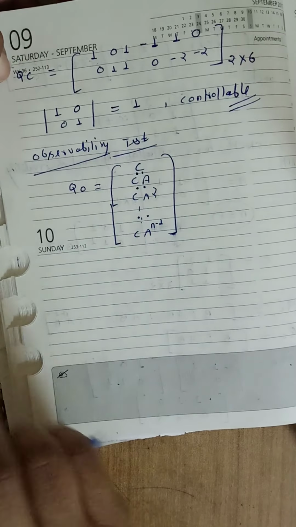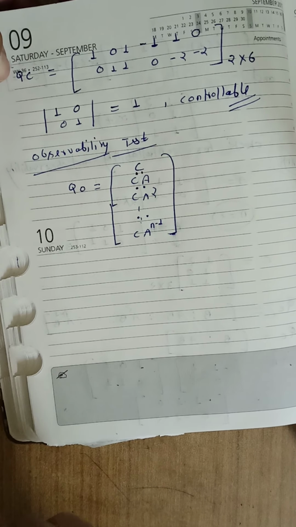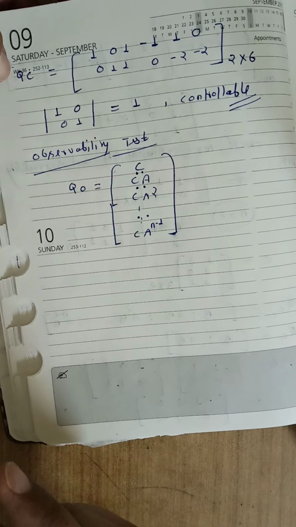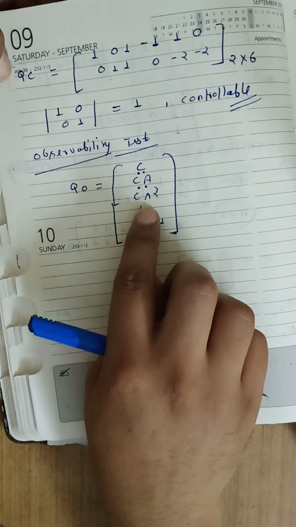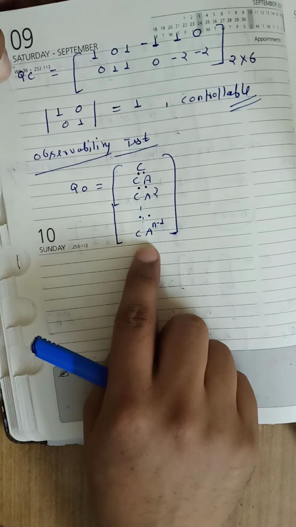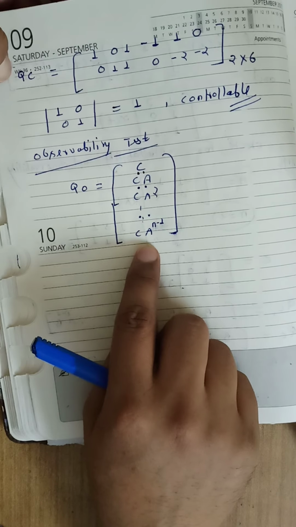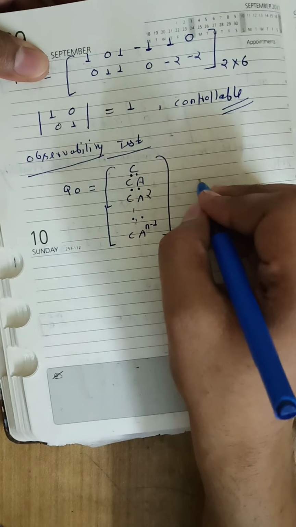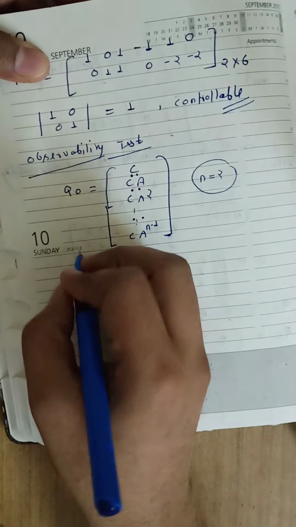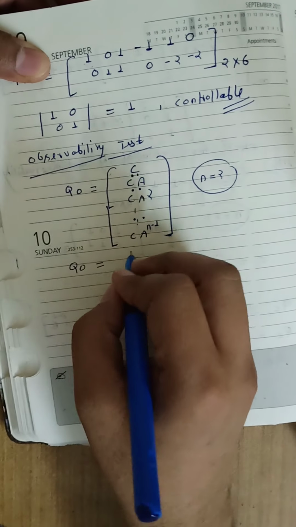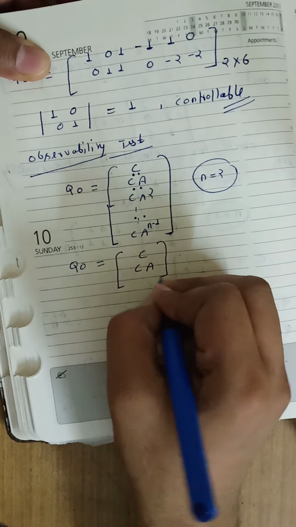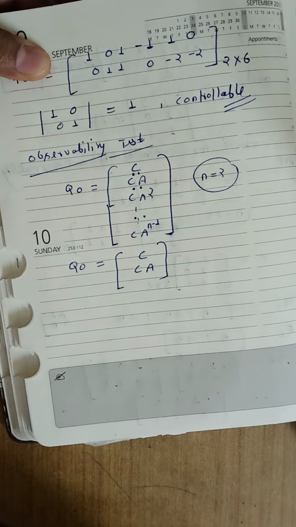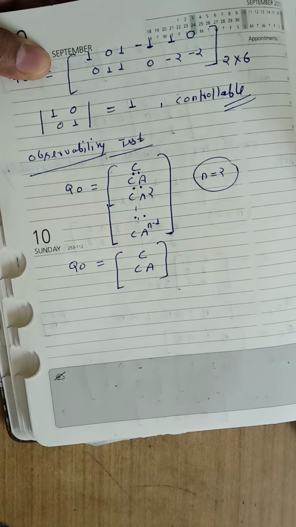Here the column will define augmentation, and augmentation means we are increasing the size of the matrix according to CA, CA square, up to CA power n minus 1. We already calculated n, it is 2. So Q naught we can write with the help of C and CA.